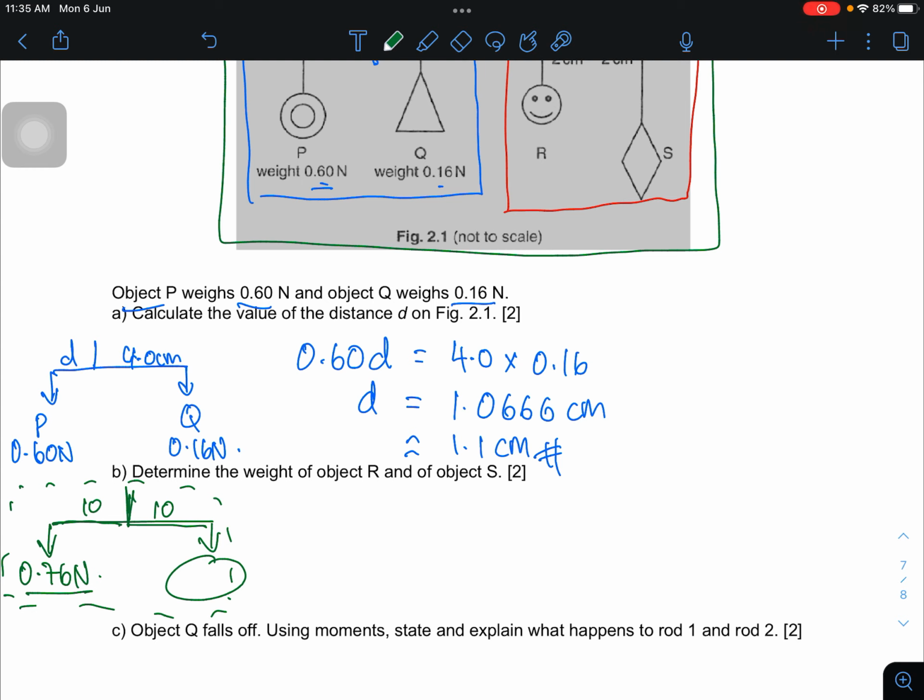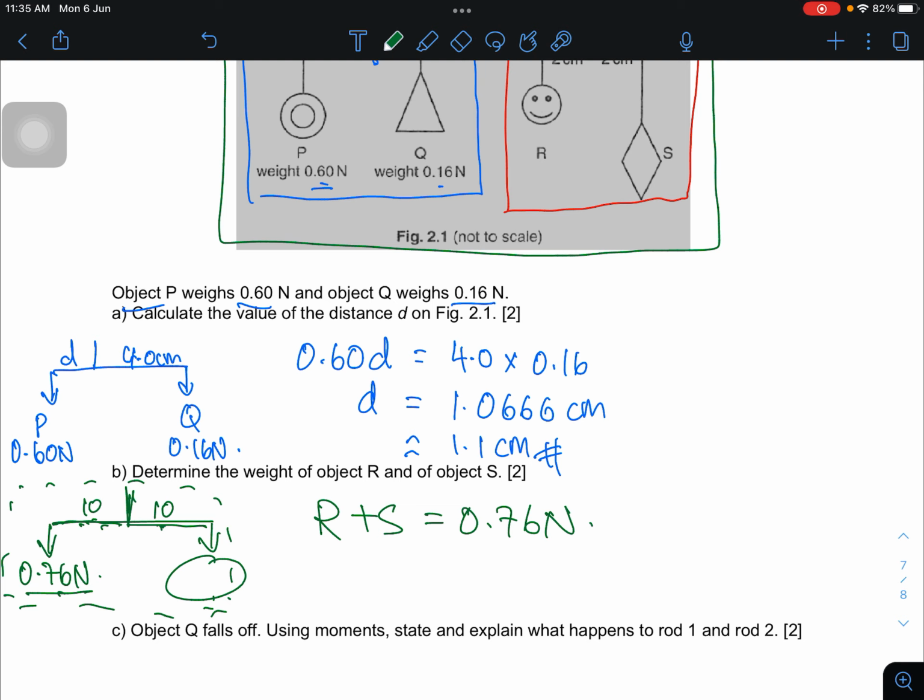It has to be the same, which is 0.76. In order for it to be balanced, they must be the same weight since they are equidistant. So it means that R and S together must equal 0.76 Newton. Agree? This is one concept that we learned and that you need to understand.